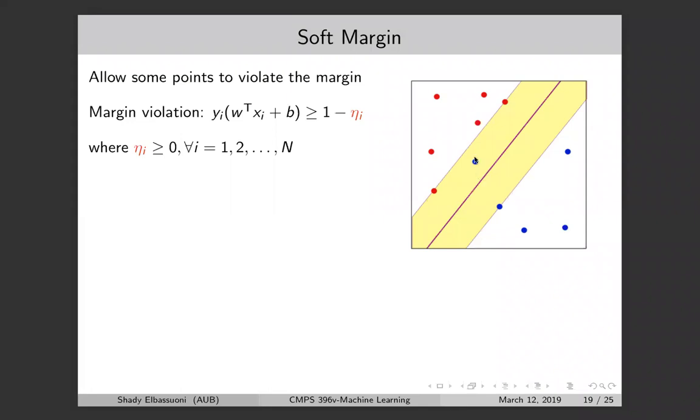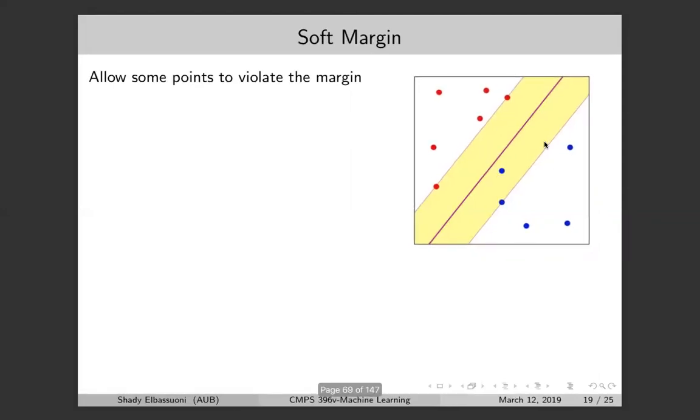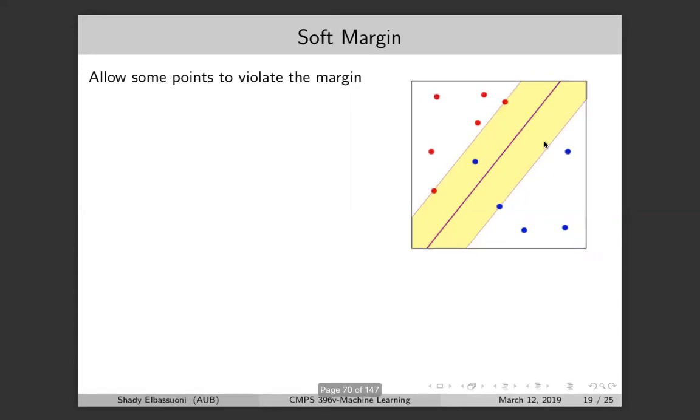No, we had before, right, the data was like this. So I had this thick margin. I picked this hyperplane or line so that it's as far away as possible from the red points and the blue points. So I have this thick margin, the yellow margin. Now I'm allowing some points to cross this margin. Why? So that I can model non-linearly separable data.